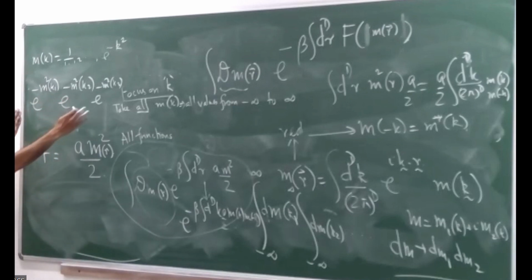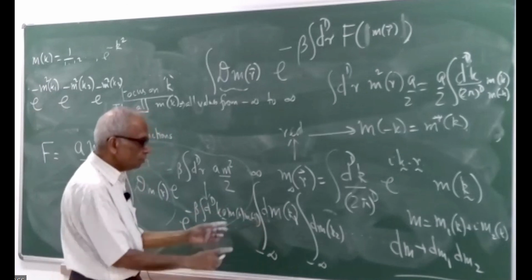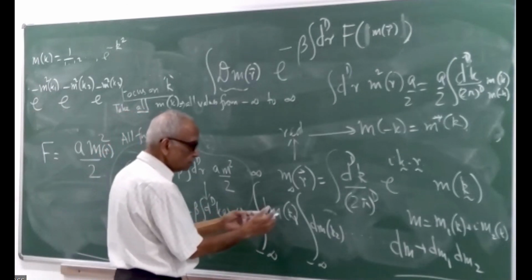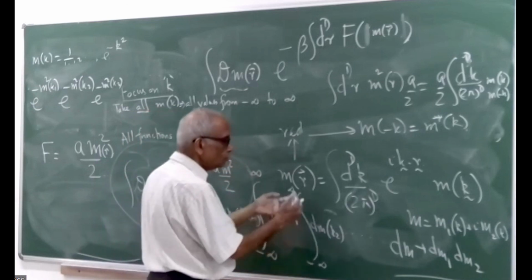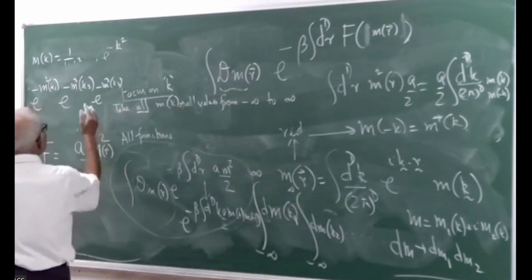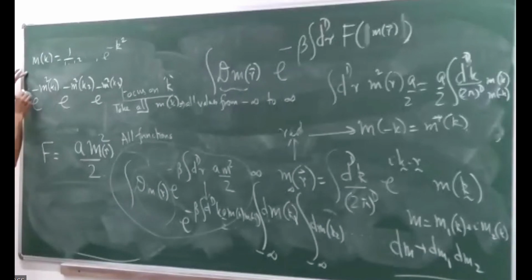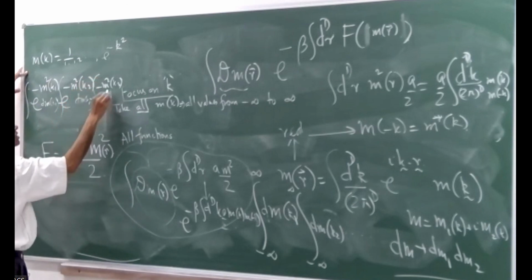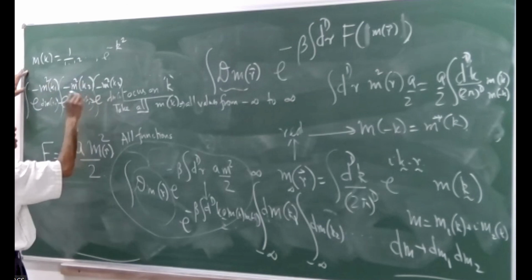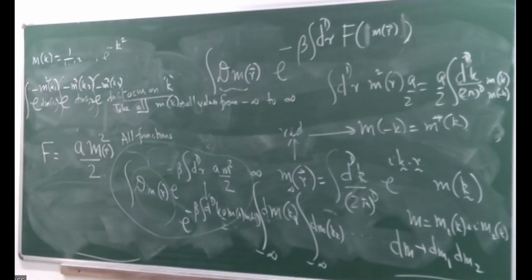They have all separated out, and this measure has become dm of k1 going from minus infinity to plus infinity, dm of k2 also, and now you have this integral split, and I integrate this dm of k1, I integrate this dm of k2, I integrate this dm of k3. It's an infinite string of integrals, but each a trivial integral.